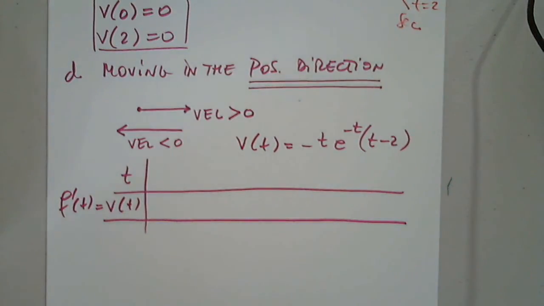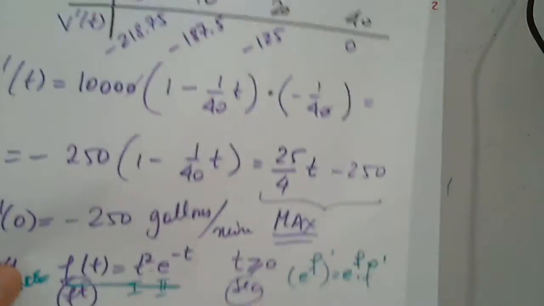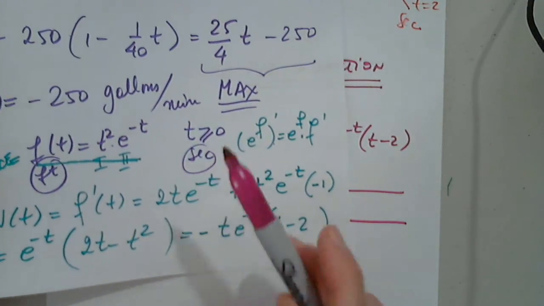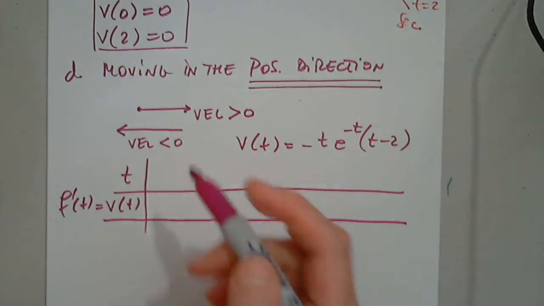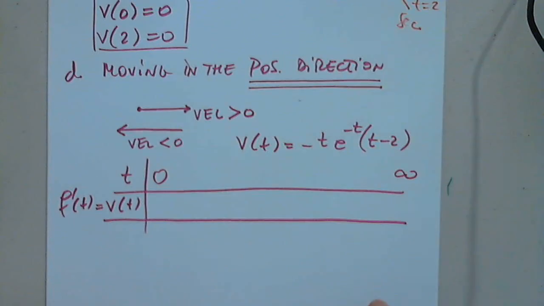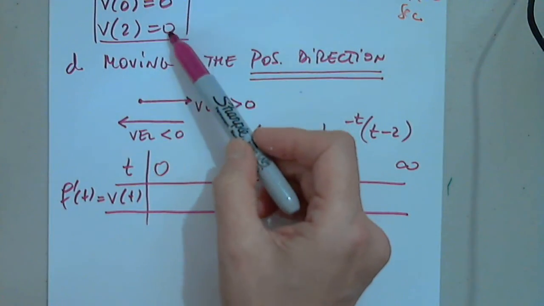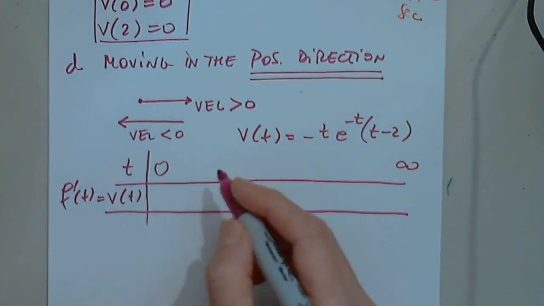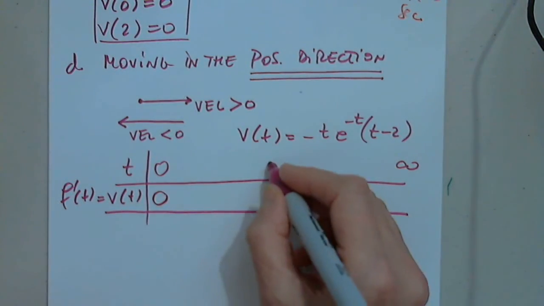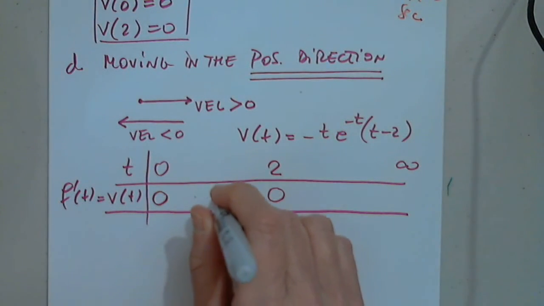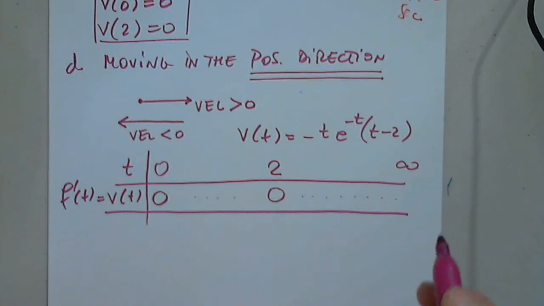And we are talking about, of course, the domain for everything, time greater than or equal to 0. Nothing else. And I already have two critical numbers. I have 0 when the velocity is 0, and I have 2 when the velocity is 0. And I need to study the sign of the derivative.